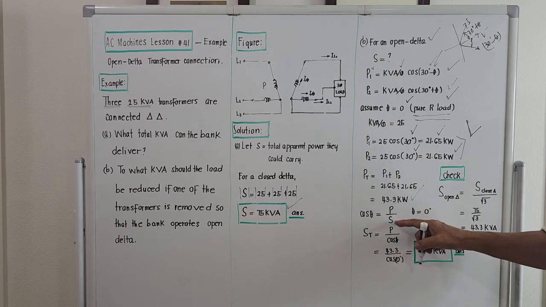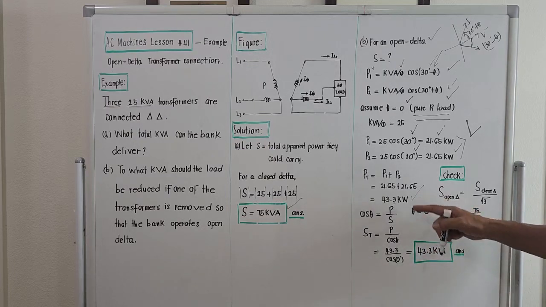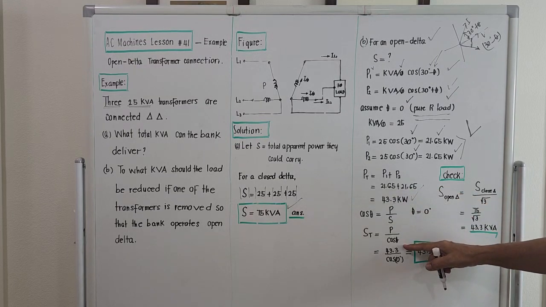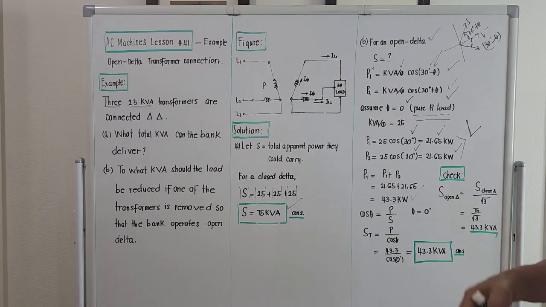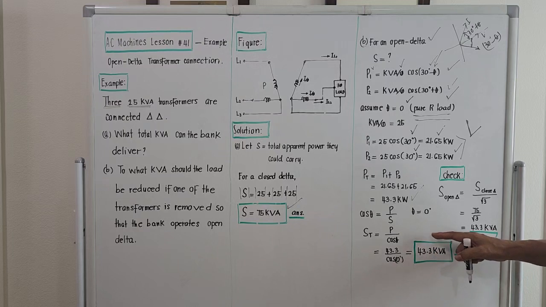So S total will be P total over cosine of theta. P total as per computation is 43.3 kilowatts over cosine of 0 degrees. 0 is a special angle, the cosine of 0 is 1. So this is 43.3 over 1, which will be 43.3 kVA.